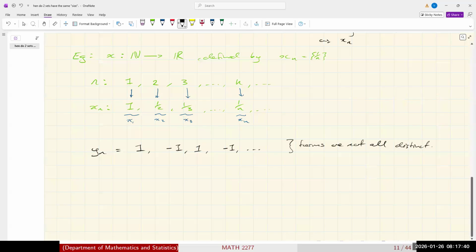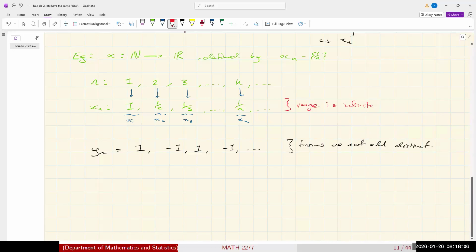For example, for this sequence here, how many numbers are in the range of the sequence? The range is infinite. There are infinitely many numbers in this range.